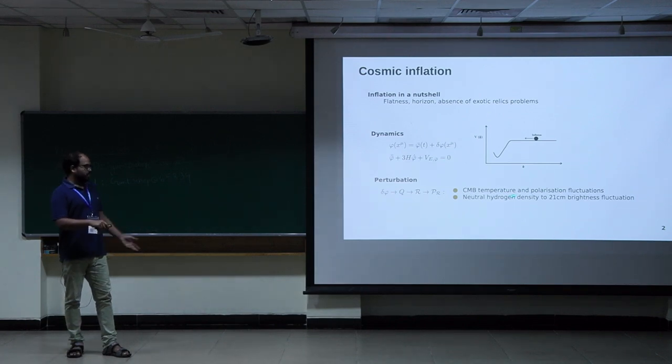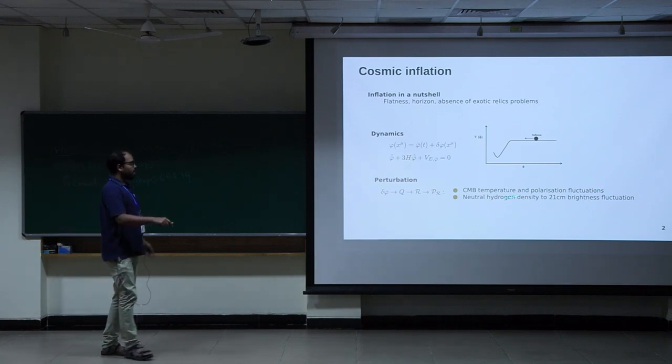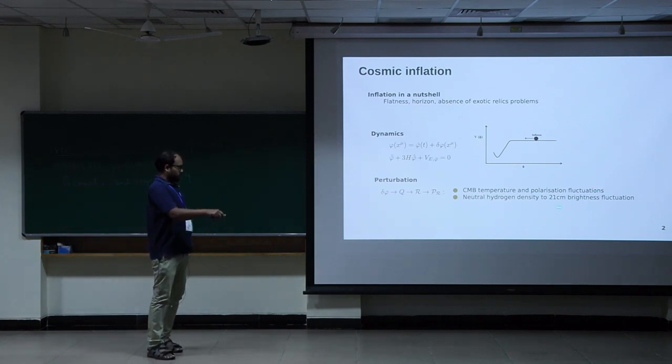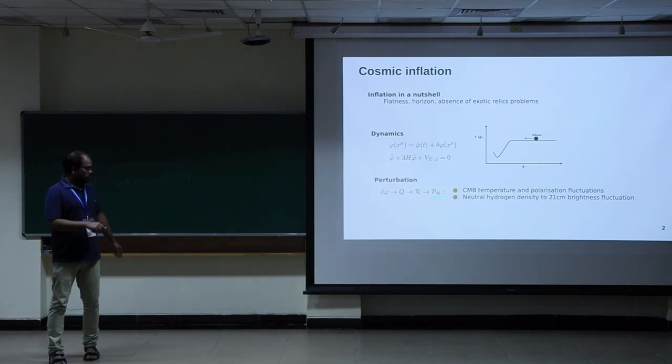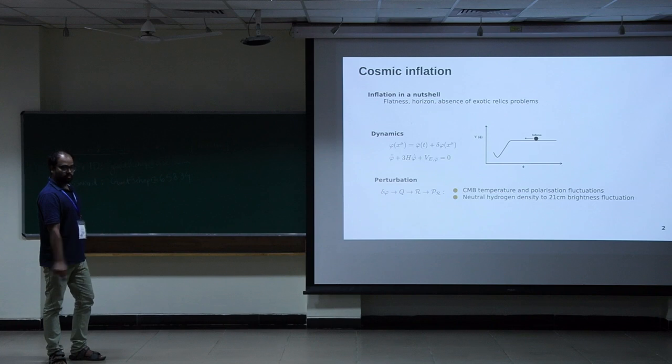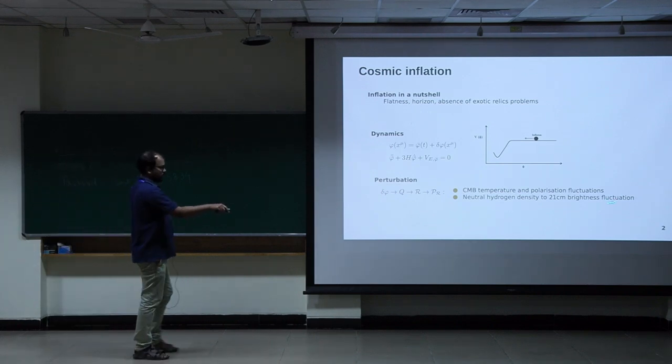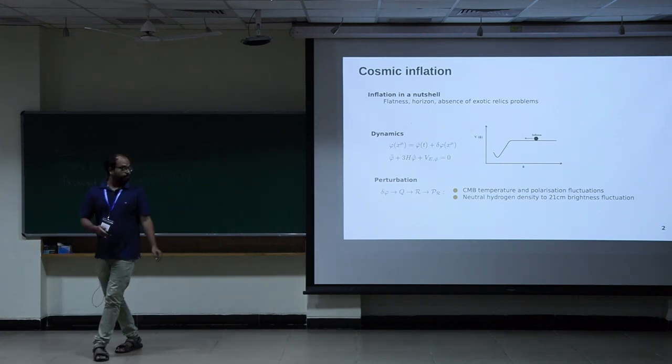So the large scale structures, such as CMB temperature and polarization fluctuations, and neutral hydrogen density, which translates to 21 centimeter brightness fluctuation, all carry information about this perturbation. If we can measure this anisotropy, we can probe cosmic inflation.